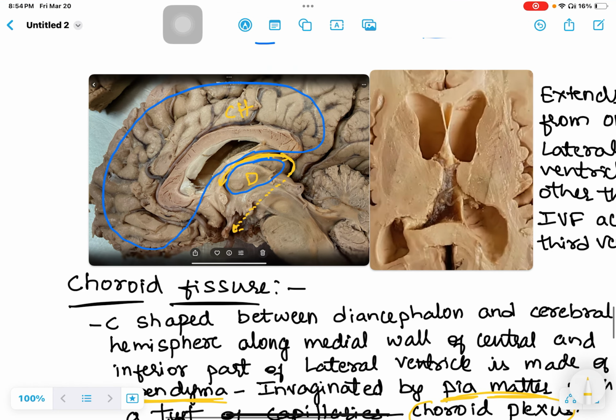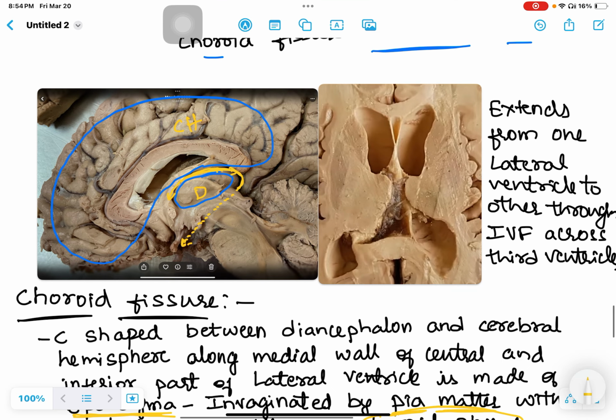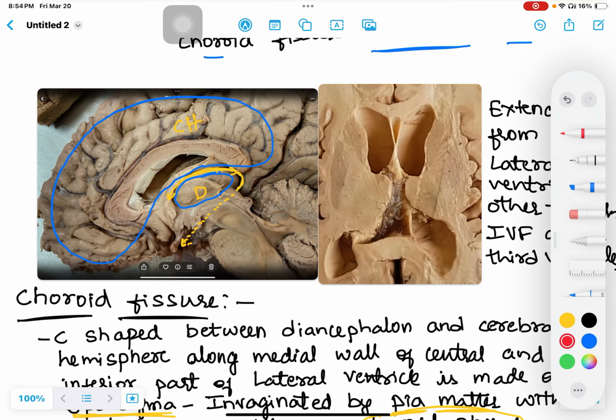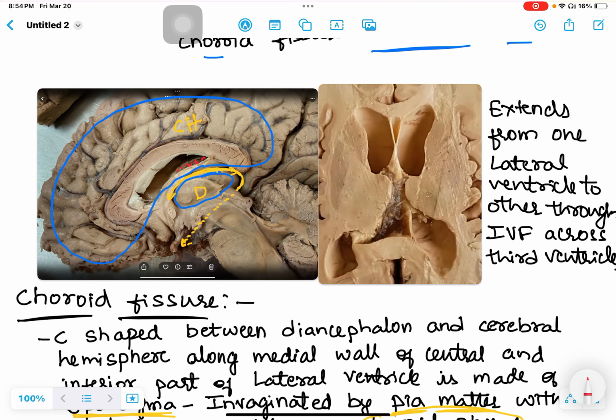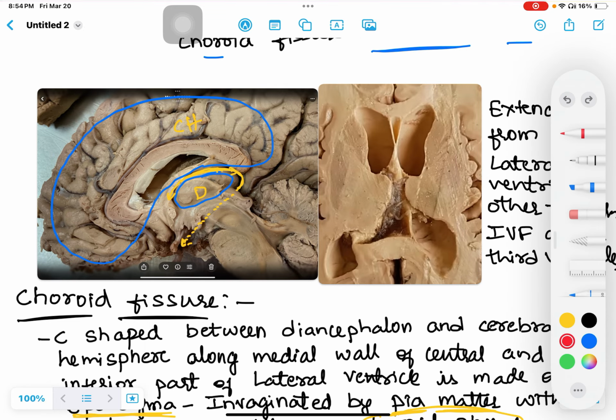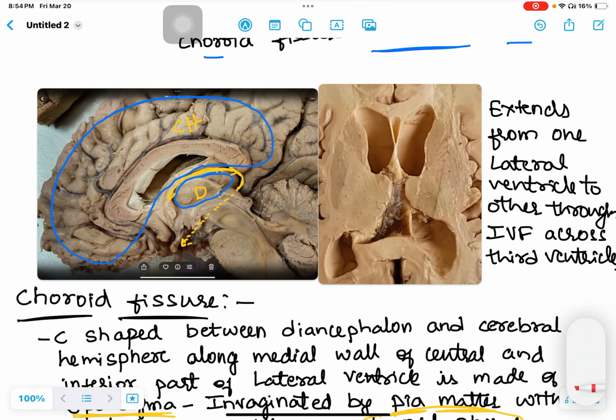Together, ependyma and pia mater with a tuft of capillaries is called the choroid plexus. That is what you are seeing here, the choroid plexus of the lateral ventricle. This choroid plexus not only extends into the lateral ventricle, but from there it also extends into the third ventricle through the interventricular foramen.